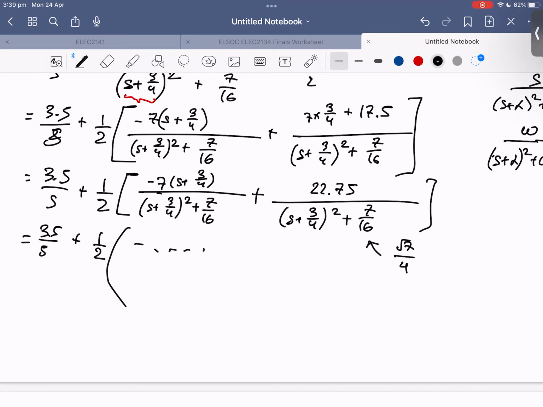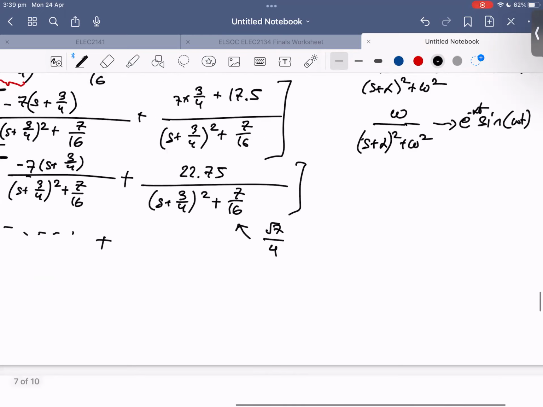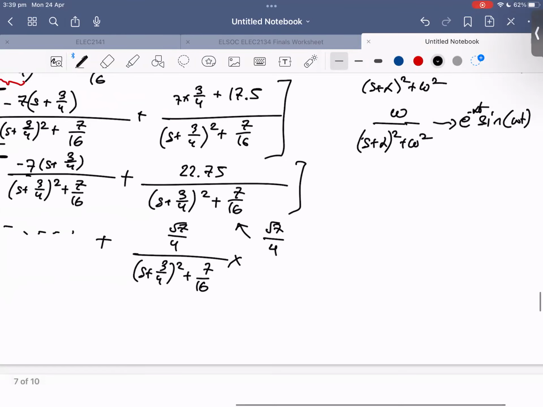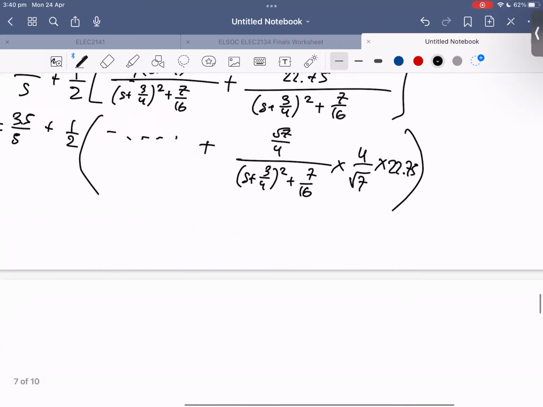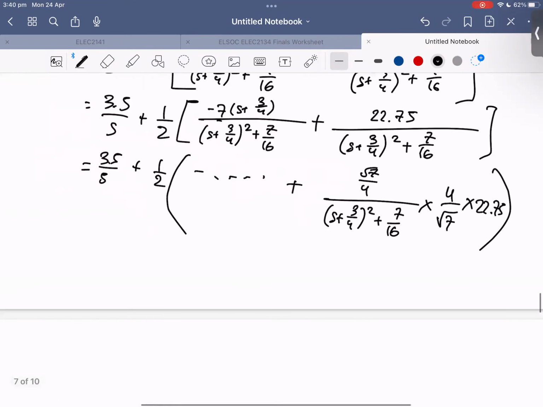I'll just write dot dot dot because I'm not going to bother writing it again. So then you've got root 7 on 4 over s plus 3/4 squared plus 7 on 16. And so I'm going to times it by 4 over root 7, and then we still have 22.75. So now I'm all good to transform this back into the time domain.